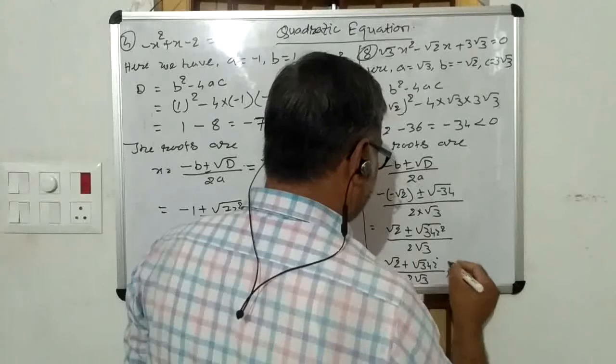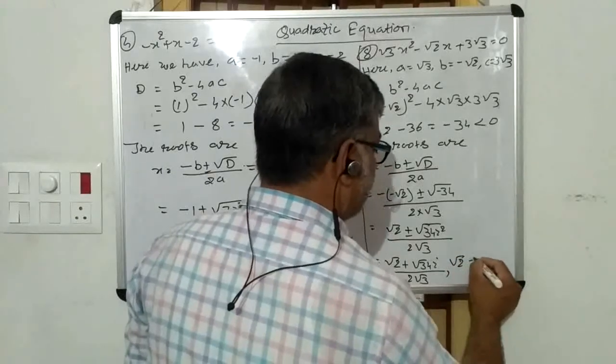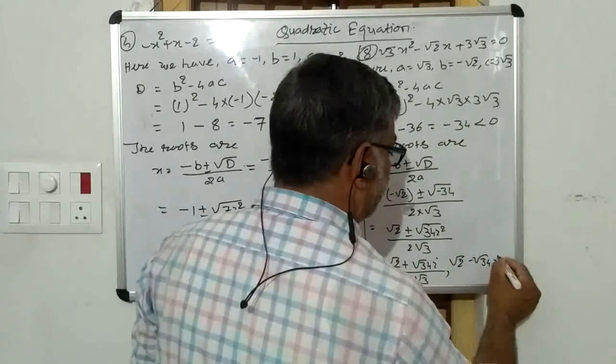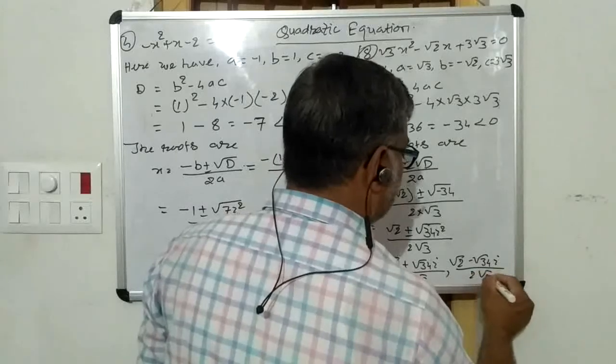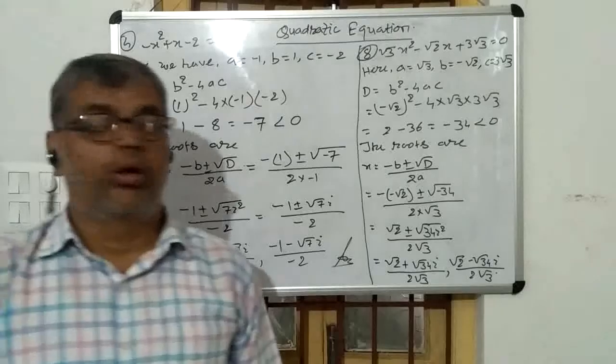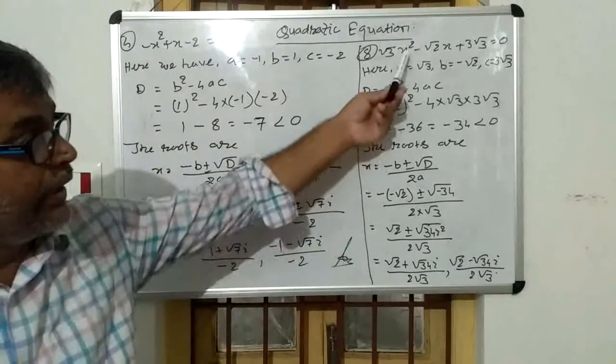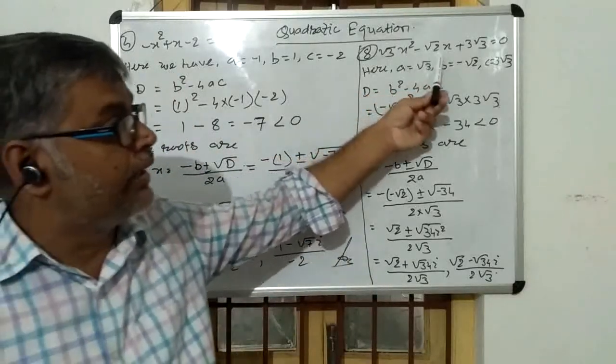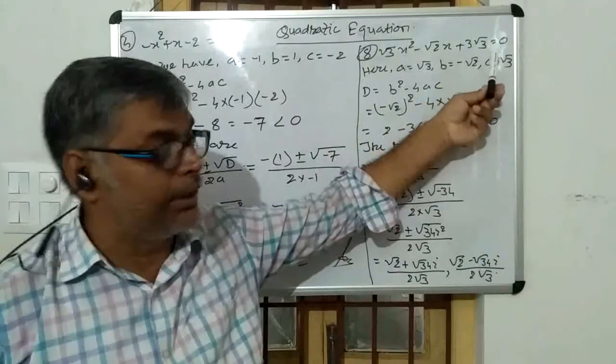And the second one is root 2 minus root under 34 i by 2 root 3. Hence, these are the required roots of the quadratic equation root 3 x square minus root 2x plus 3 root 3 equals to 0.